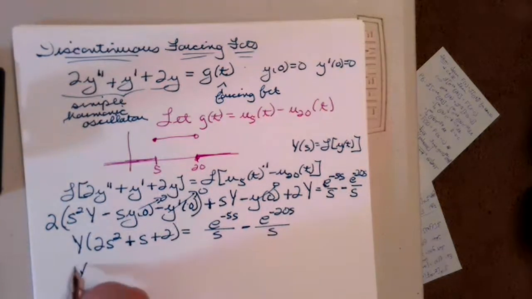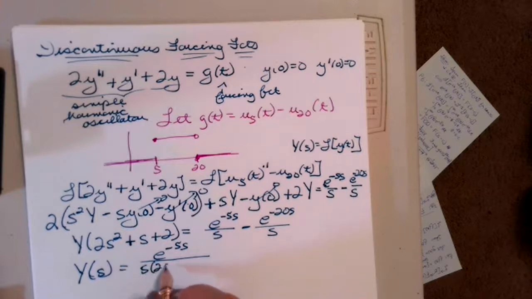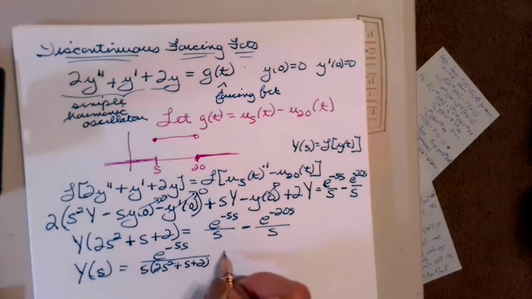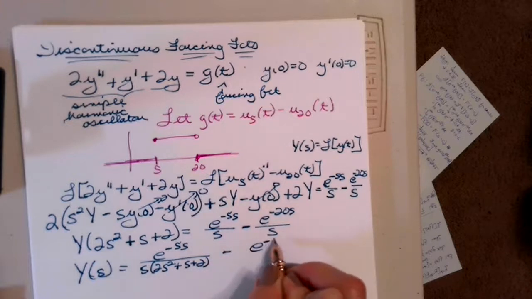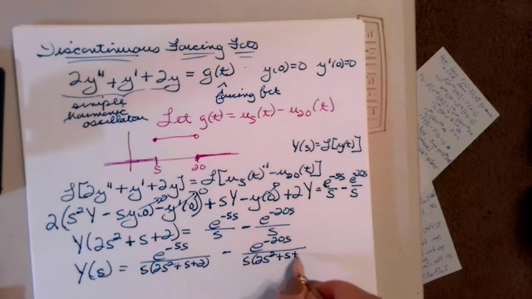So Y of s is equal to e to the minus 5s divided by s times 2s squared plus s plus 2, minus e to the minus 20s over s times 2s squared plus s plus 2.